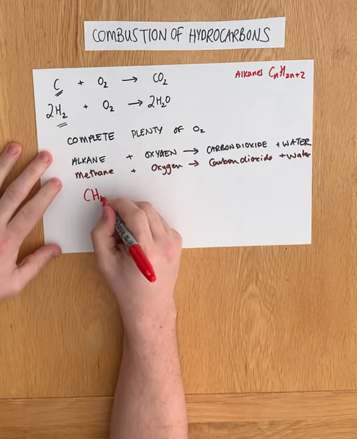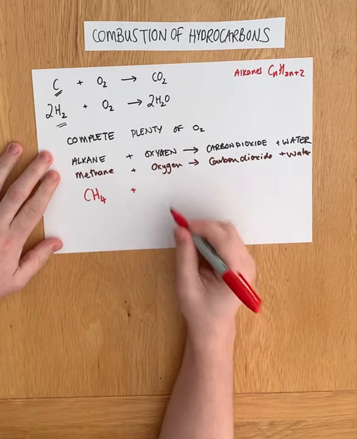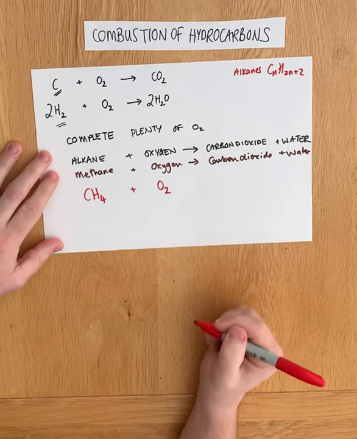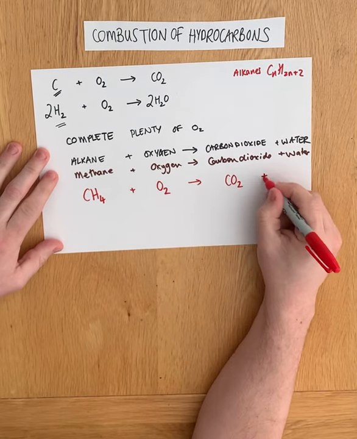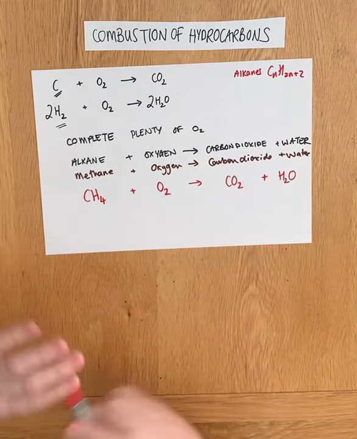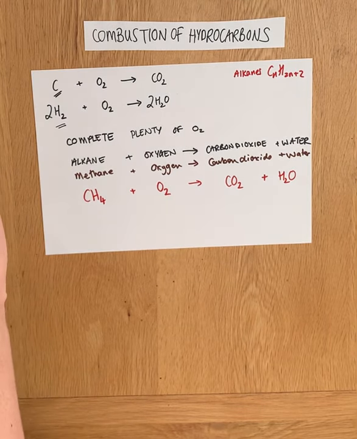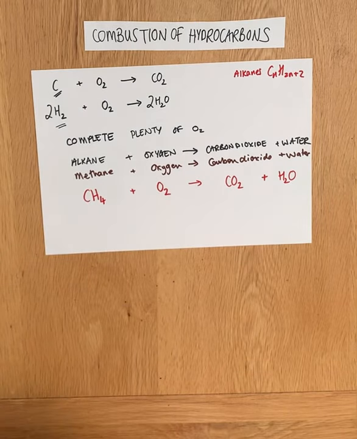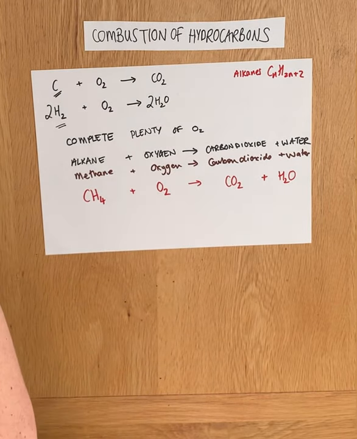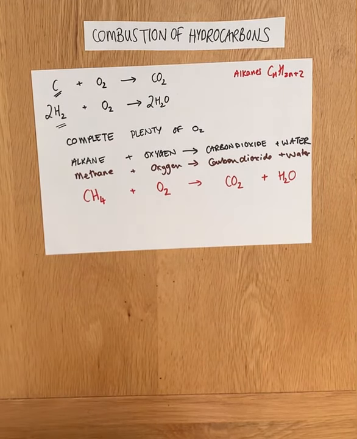So methane is CH4. It reacts with oxygen, which is a diatomic element, to produce carbon dioxide, CO2, and water, H2O. Balancing this equation will give us our balanced symbol equation.